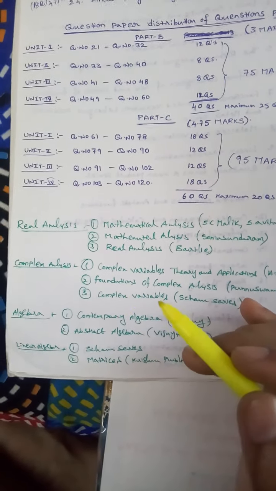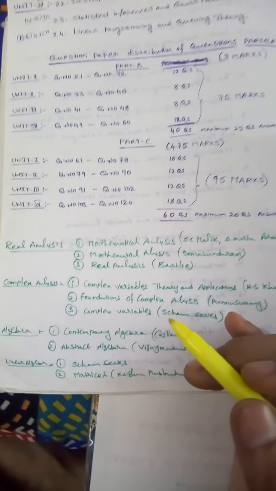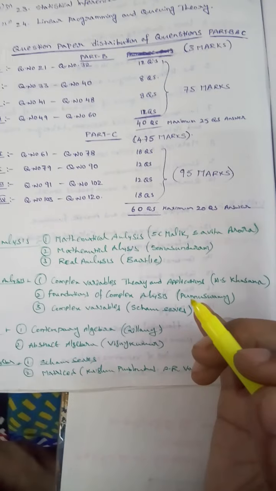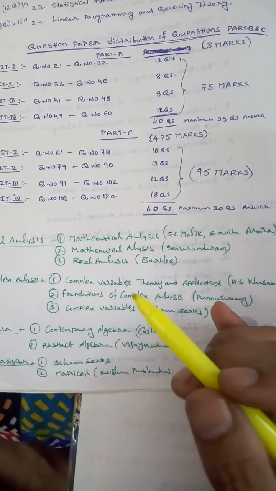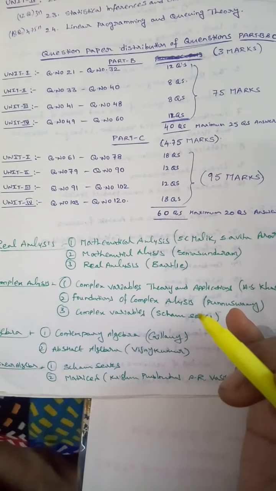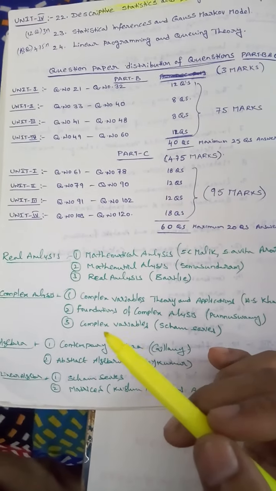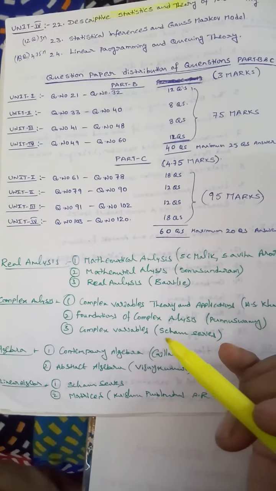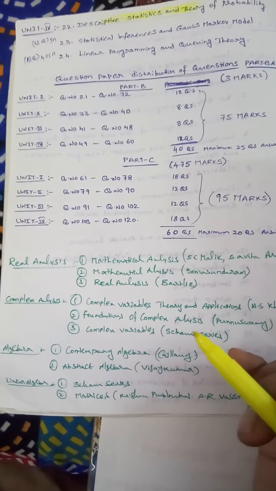And coming to complex analysis, the first reference book is Complex Variables: Theory and Applications by H.S. Kasana. This is a very useful book. The second one is Foundations of Complex Analysis by Ponnusamy, and the third one is Complex Variables by Shyam Series, which is very useful.